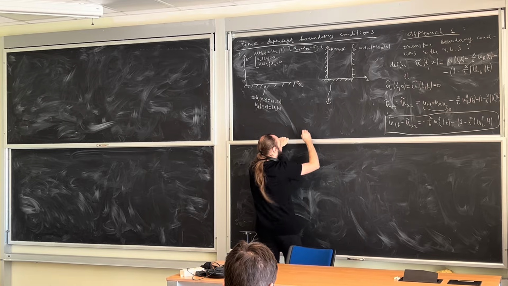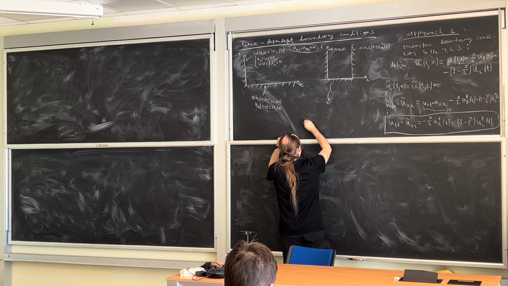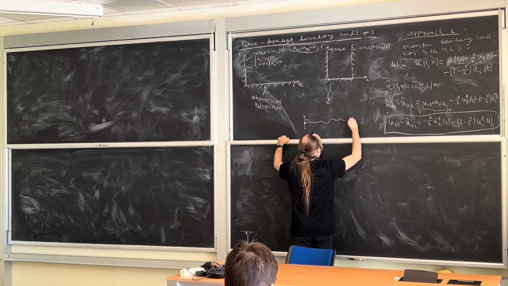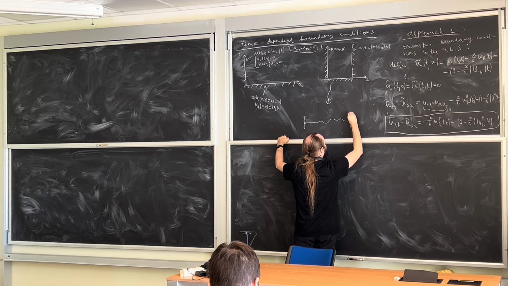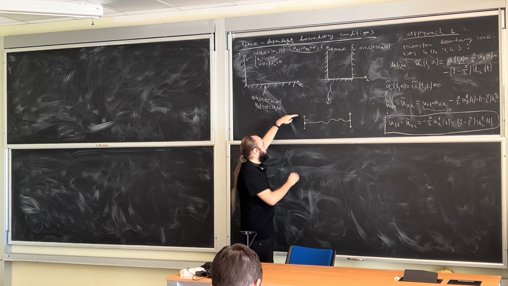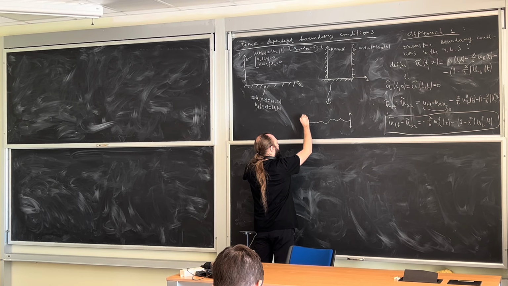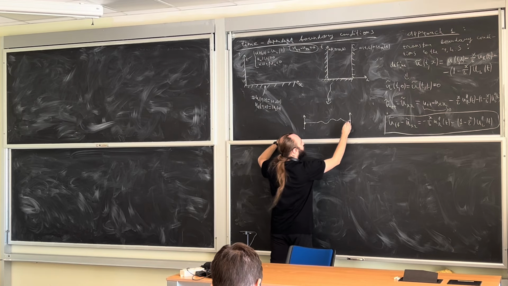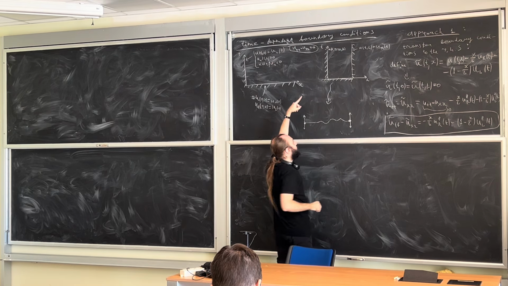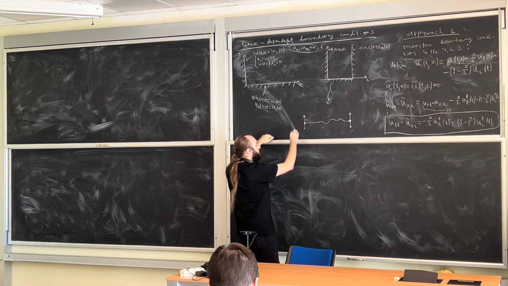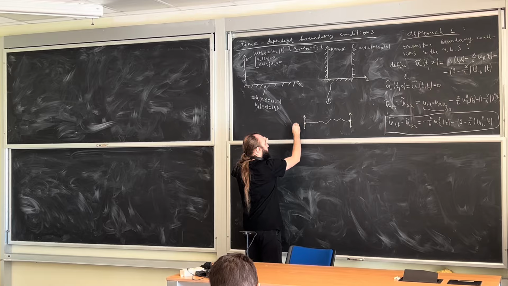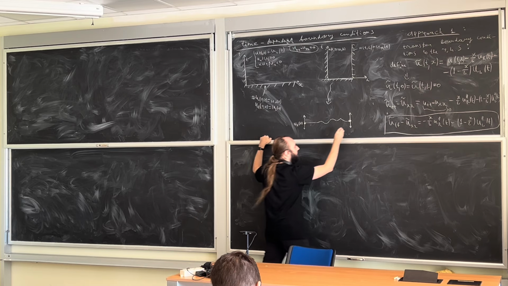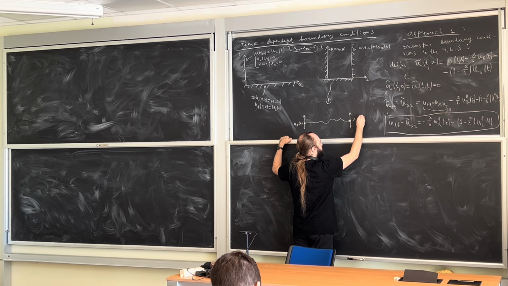We have a string fixed at two boundaries, and these boundaries move according to these boundary conditions. So the coordinate of this boundary is u_L of t, and the coordinate of this boundary is u_R of t.